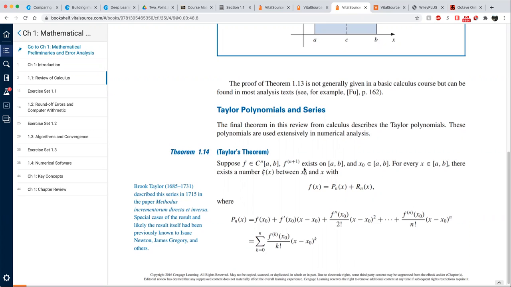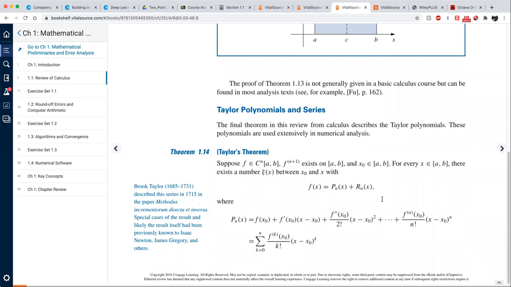Okay, and the (n+1)th derivative of f exists, and x naught also belongs to [a, b]. Then for every x in the closed interval [a, b], there exists a number xi, depending on x, between x naught and x, with this.